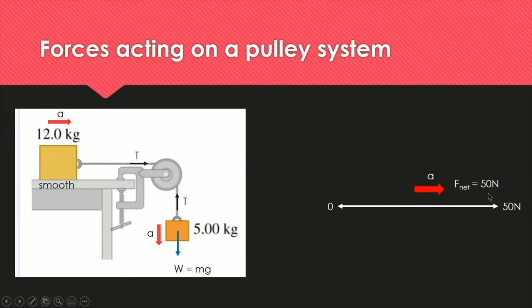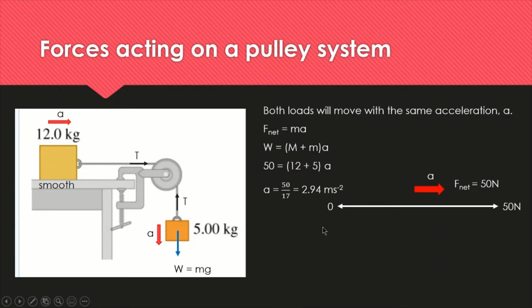Therefore, net force is 50 minus 0. W is our 50, the weight that is pulling it down. So 50 equals the masses of the two loads times A. The weight of the small mass is 50.